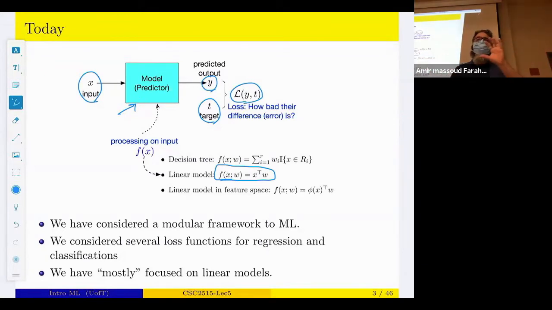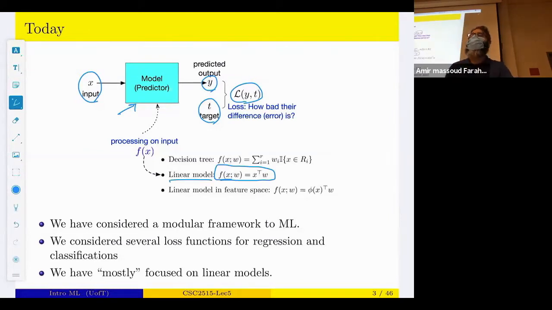So the model is very simple, but the difference between different lectures was more or less in the loss functions. For example, we talked about hinge loss, exponential loss, or cross entropy loss for logistic regression. There were some differences, for example the activation function we used in logistic regression. But the model was mostly a linear model.